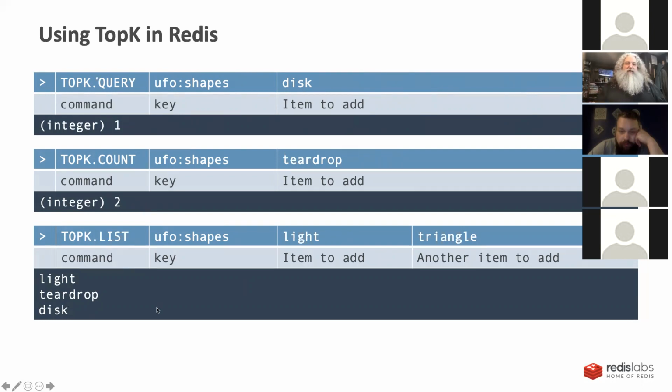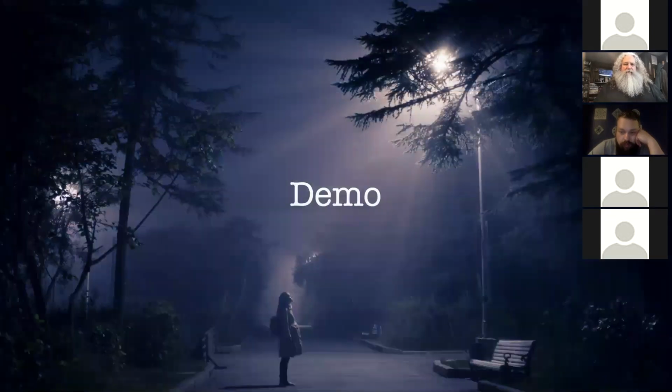And if you ask for the list, it'll give you the top 3 items, because we said it was going to be 3. And so you can use topk.list. So it kind of does it all for you if you want to use this feature in your application. And that's pretty much the talk. I've got a demo here if y'all want to see it. Want to see this in action?